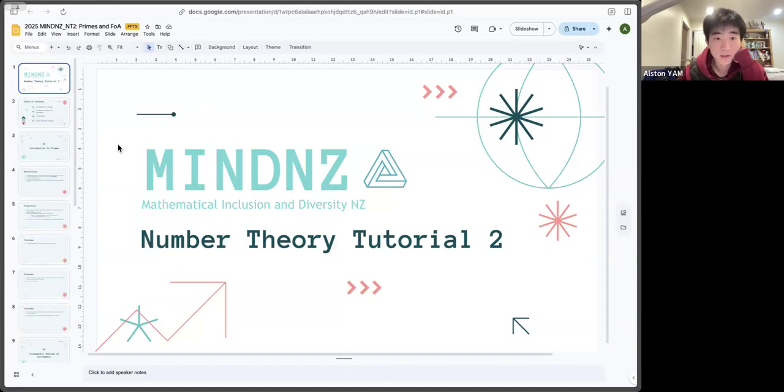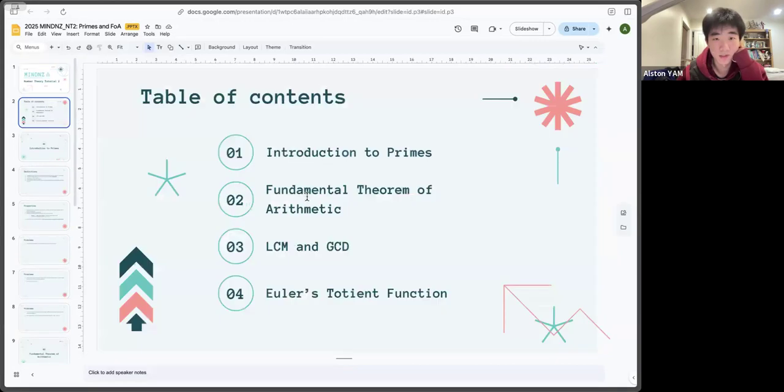So what we're going to be going over today is four things. This entire session will be very oriented around primes. We'll introduce ourselves to primes first, and then we'll go on to talk about the fundamental theorem of arithmetic.